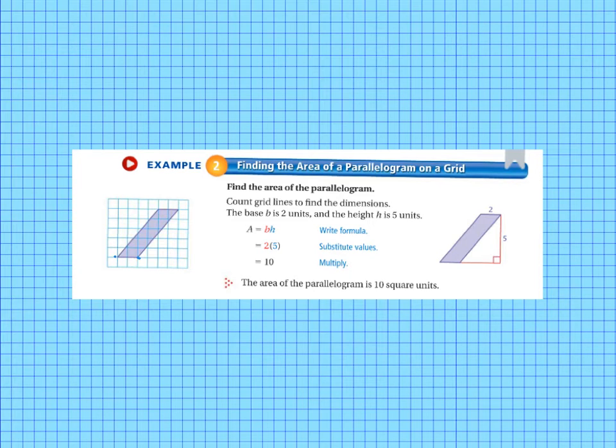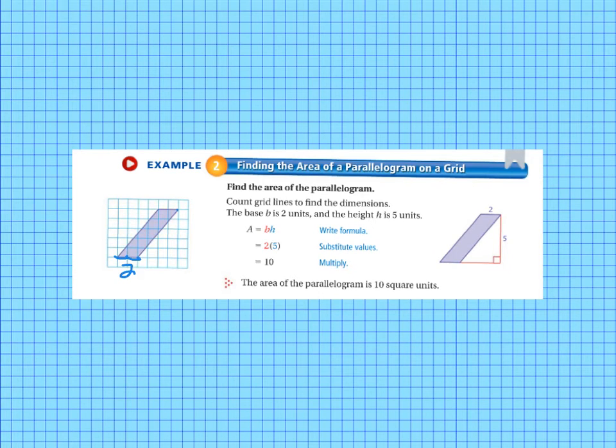And so we count 1 unit. So we count the space from one corner to the next, and then the space from the next corner to the next corner. So that's 2 units. And then finding the height is a little bit trickier, especially with this one because it's so tall and skinny.